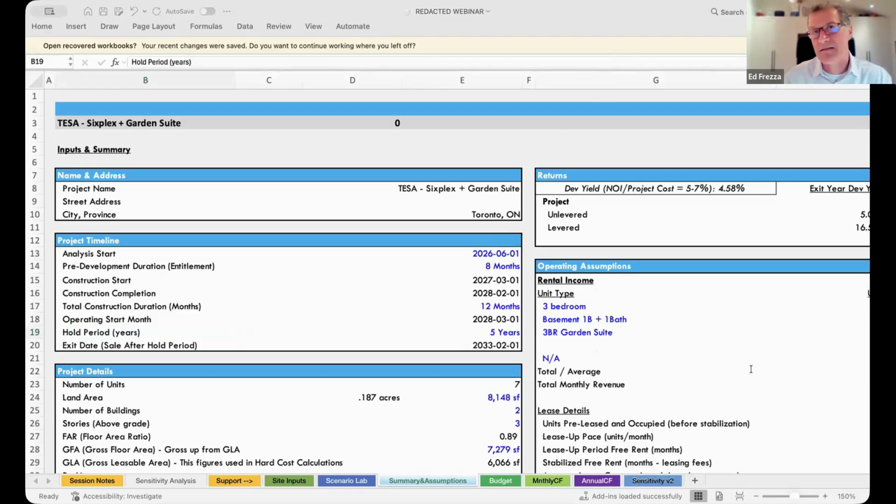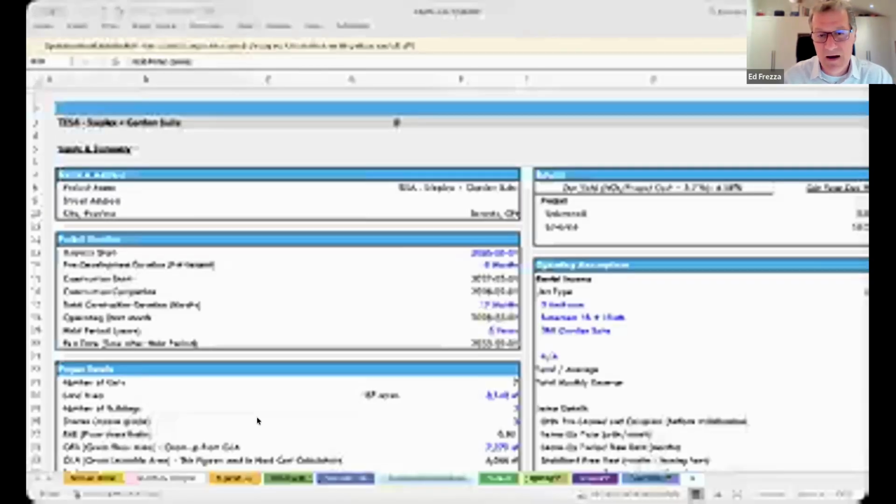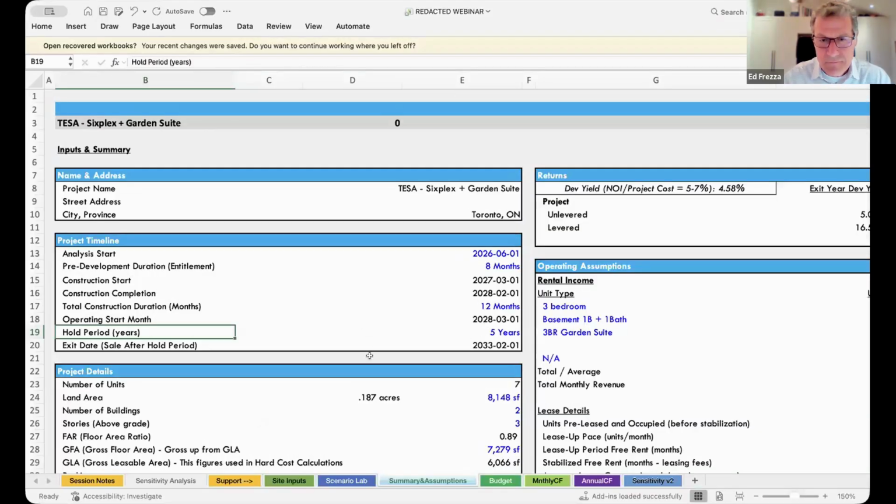After those 80 months, it's deemed to have been sold. Doesn't mean you have to sell it, but your 5-year CMHC insured mortgage will come due. And at that point, you have the option to sell or to refinance, whatever. So that's the typical period that we analyze all of our deals. So that's where the 5-year term comes from.